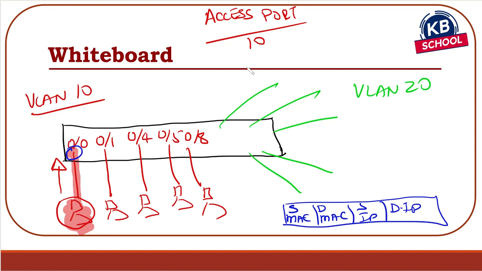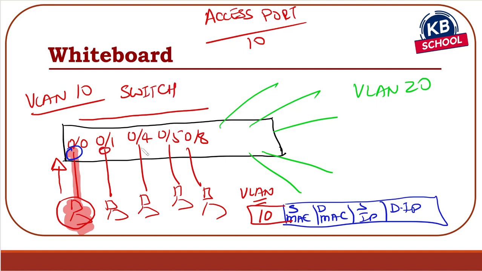As soon as the switch receives it, it needs to make sure this frame can only go to ports in VLAN 10. So it tags it with VLAN 10. There's a VLAN field that is attached to this frame, and it is sent to the switch fabric. So these ports now are aware that they have the ability to receive it.